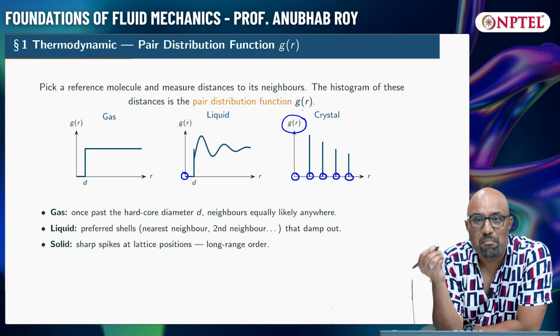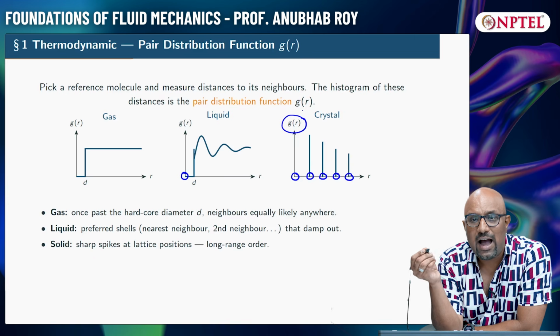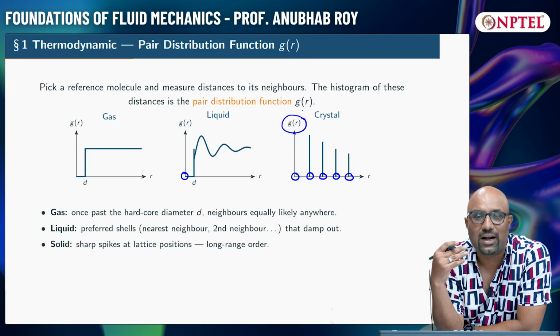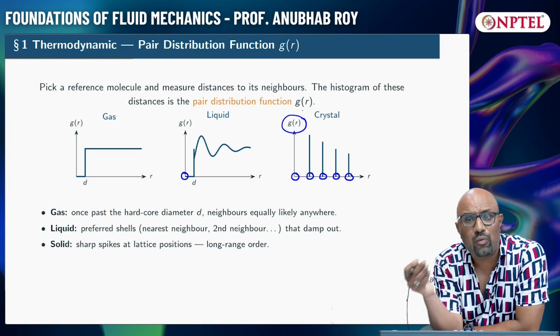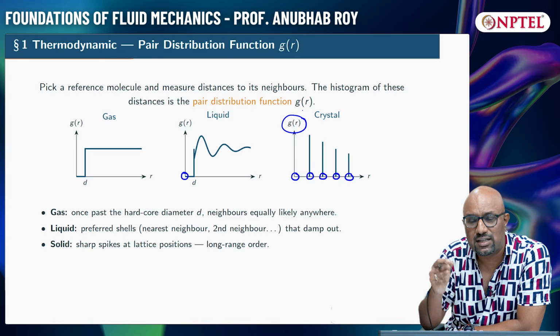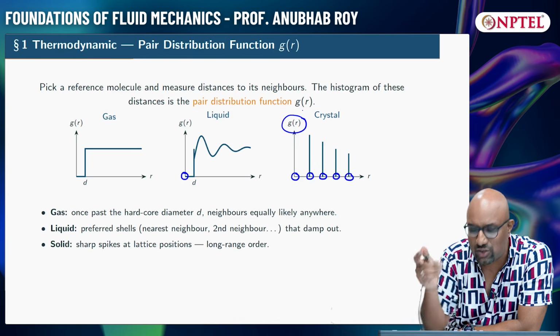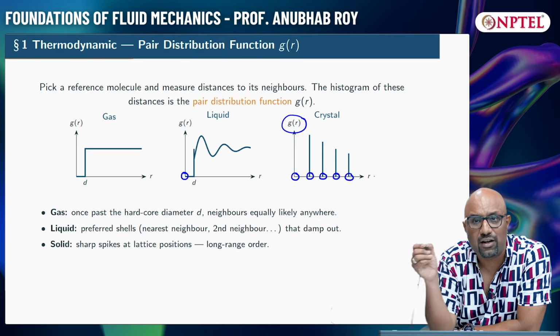It's in a way a measure of the probability of finding a neighbor at a certain distance from yourself. So as you can see, if it is a crystal, I know definitely where my neighbors are located. I have a very ordered arrangement, with r being the distance from the center of that particular atom or molecule.